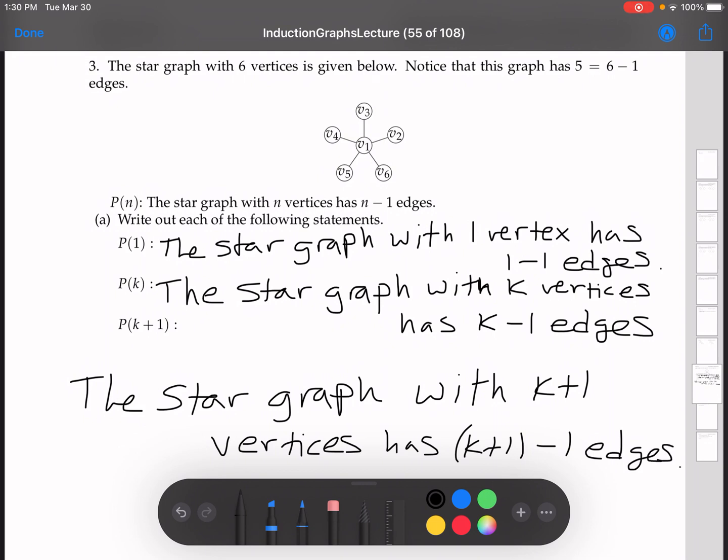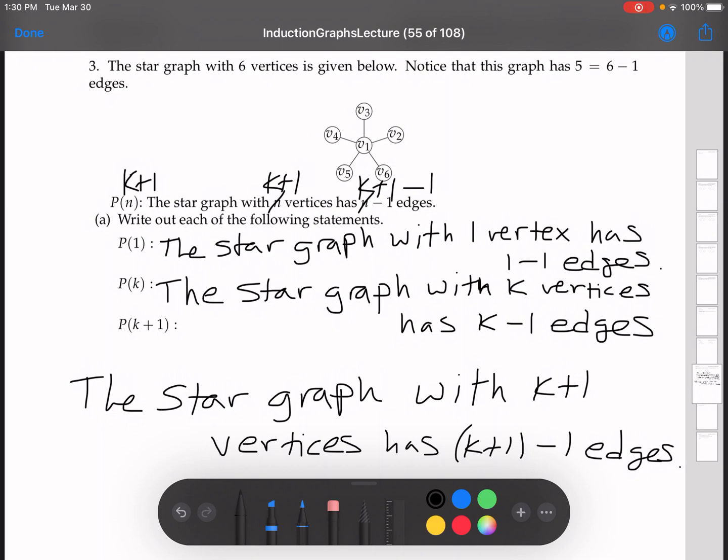That's it, right? Notice again that I replaced n here with k plus 1. I had an n minus 1, so if you replace the n with a k plus 1, then you have k plus 1 minus 1.